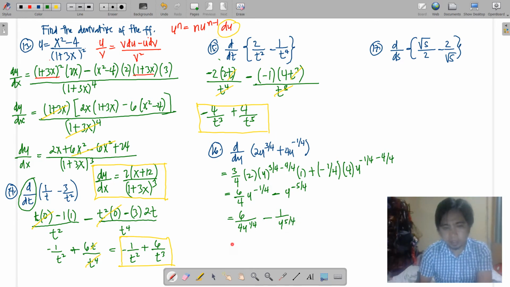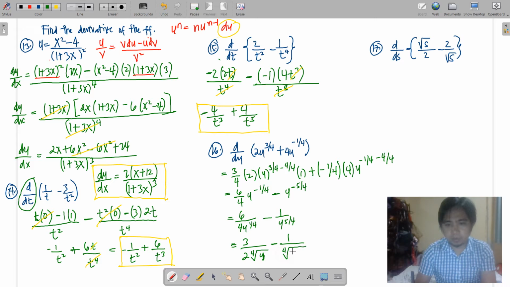So if you want, you can express this into radical expressions. We have 6 over 4, we can reduce that into 3 halves, 3 all over 2 times the 4th root of y, minus 1 all over the 4th root of y raised to 5. So this will be our answer for number 16.